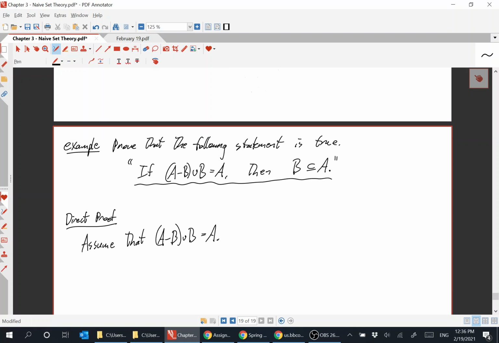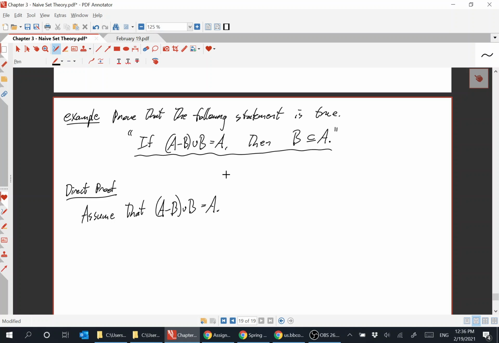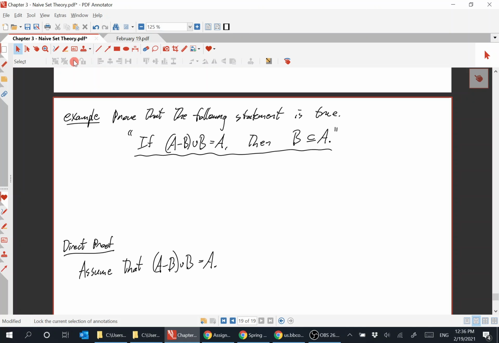Okay, so maybe before we get into that, let me just be clear about something. Note A minus B union B is not A in general. It's not always A. How can I verify that? What do I need to do?